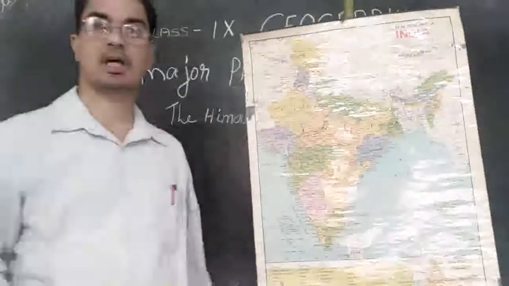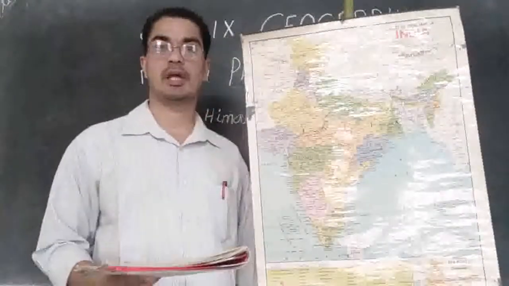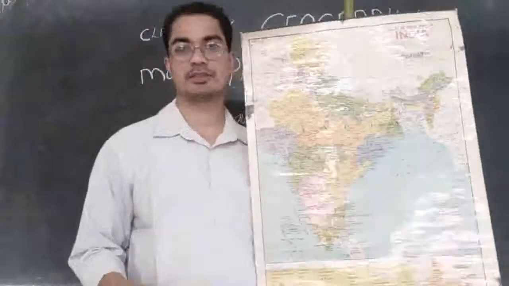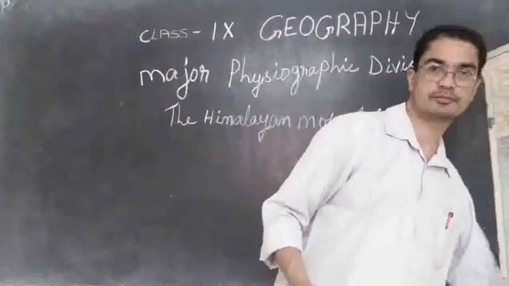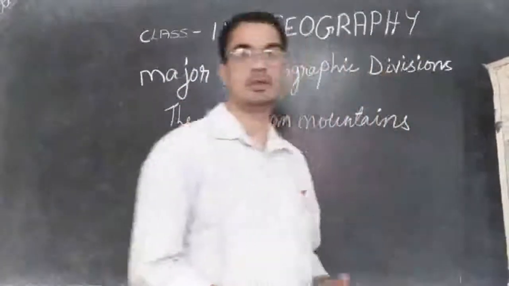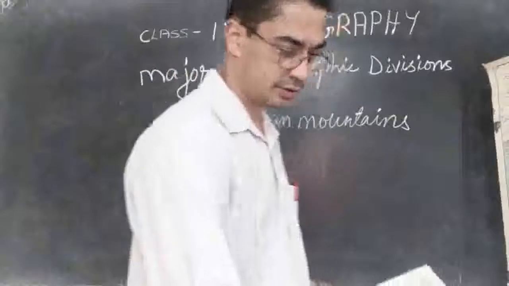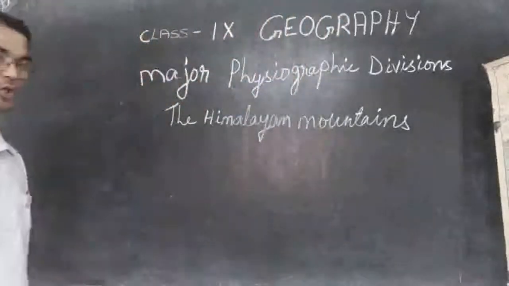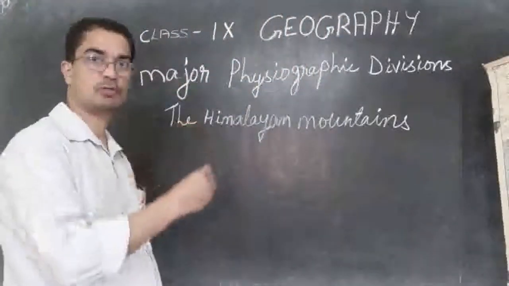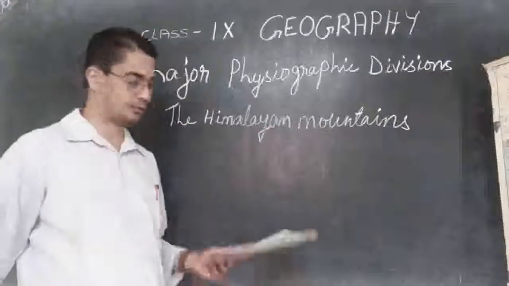Each range has its own name. Different names are there. Let us see what they are. The northernmost part, the topmost part, has 3 names.